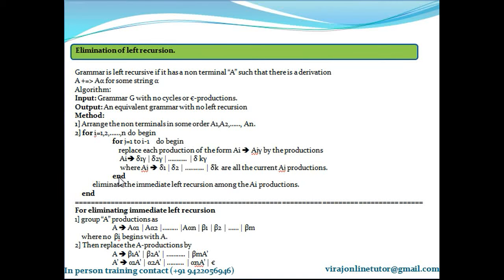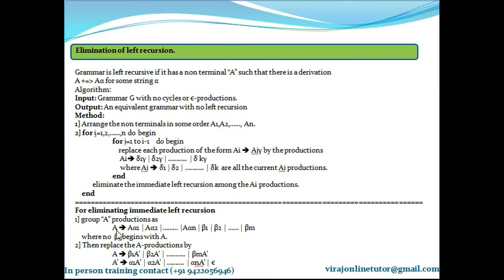Hi everyone. So in this session on compilers, we are going to learn how to eliminate left recursion. So first we need to know what is a left recursion. Left recursion is a production in which the leftmost symbol on the right hand side of the production is exactly the same as the symbol on the left hand side of the production.